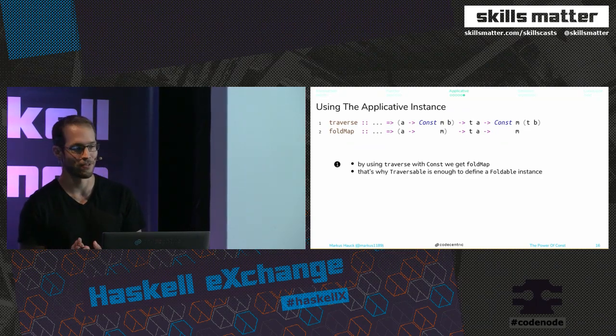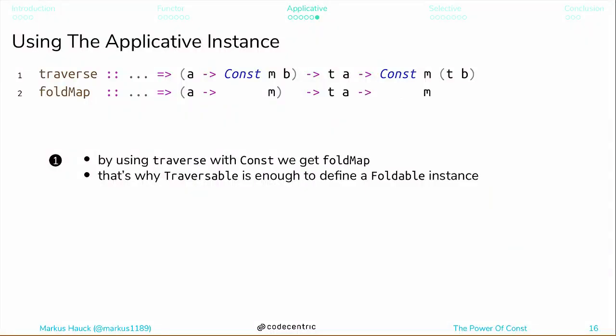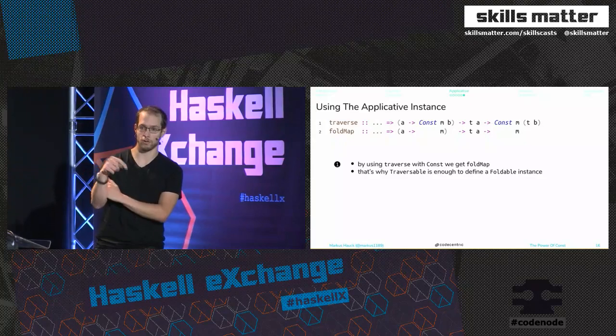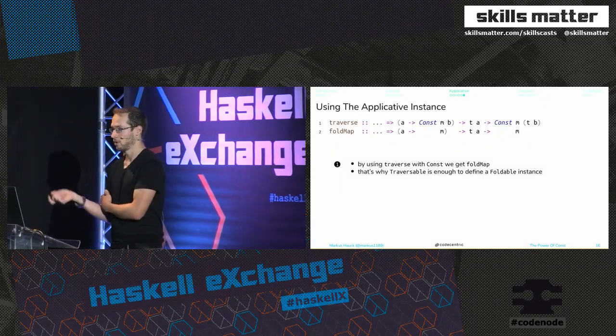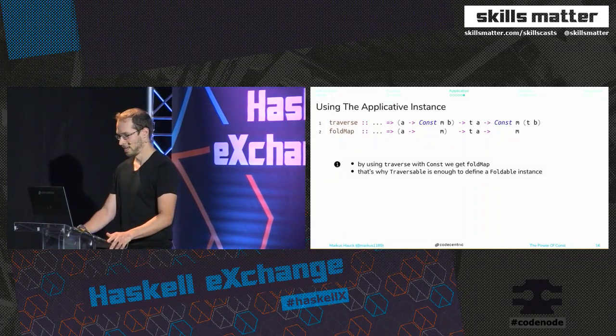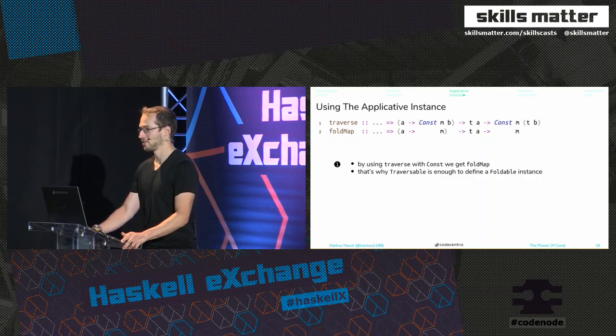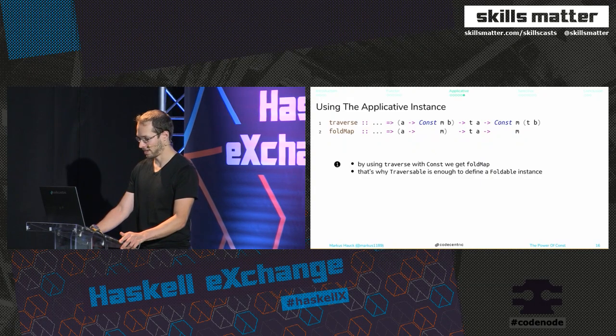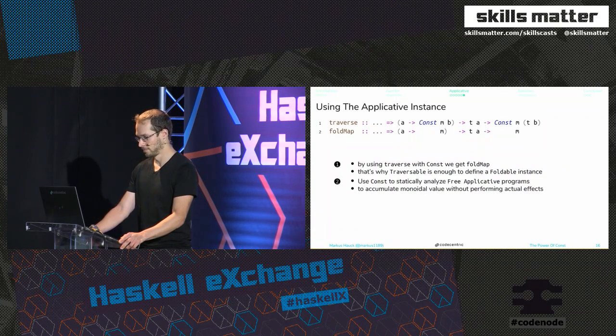So for example, if you look at the traverse function from traversable, we can apply this with const, and what we get back is essentially a foldMap, because you will get back a const of m b, so we can ignore the b, and at the end we will get a const m and the traversable structure of b, which will just be lost, and we will only get back the monoidal result. And if you look closer, well, this is just the foldMap case from the foldable type class. That's why traverse is enough to also derive an automatic foldMap implementation for you.